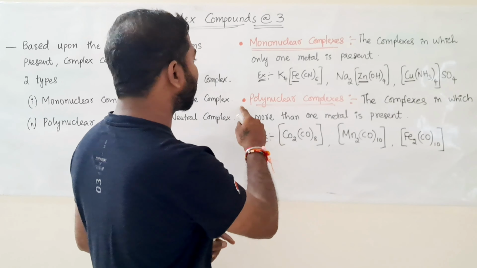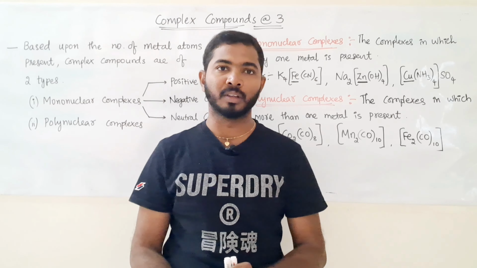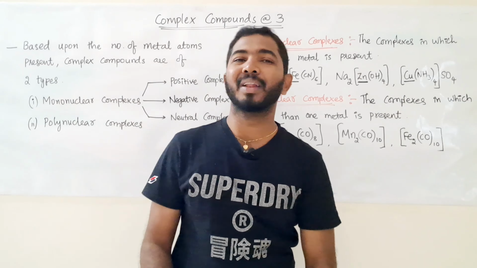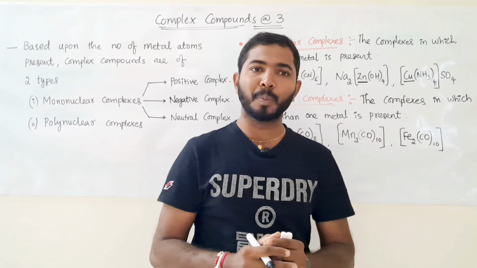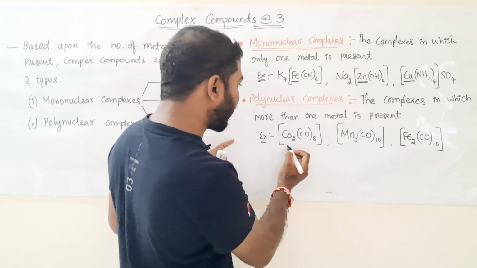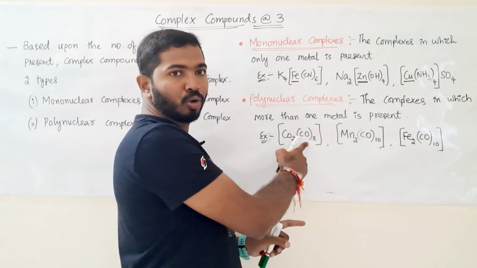Next, the other types of complexes are polynuclear complexes. What are polynuclear complexes? They are complexes in which more than one metal is present in the coordination sphere, that is, in the complex compound. If you see the first example I have taken here, it is the dicobalt octacarbonyl complex.